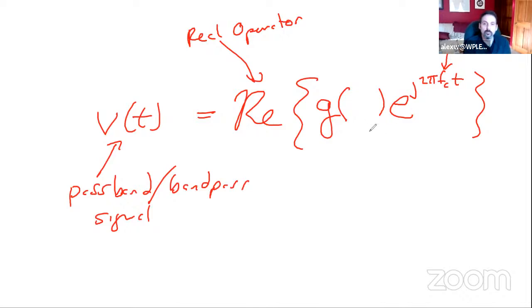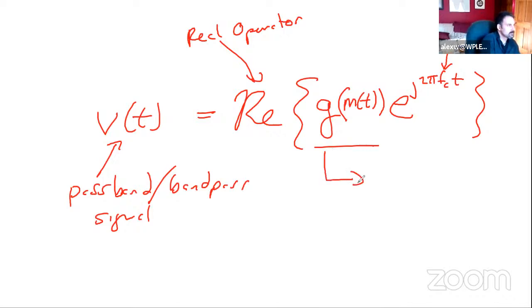The way I expressed it in the slides is g(t). I want this to be a little more insightful about what exactly it's doing, so I'm going to modify the representation just a tiny bit. I'm going to call it g of m of t. You might say, what the heck is that, Professor?